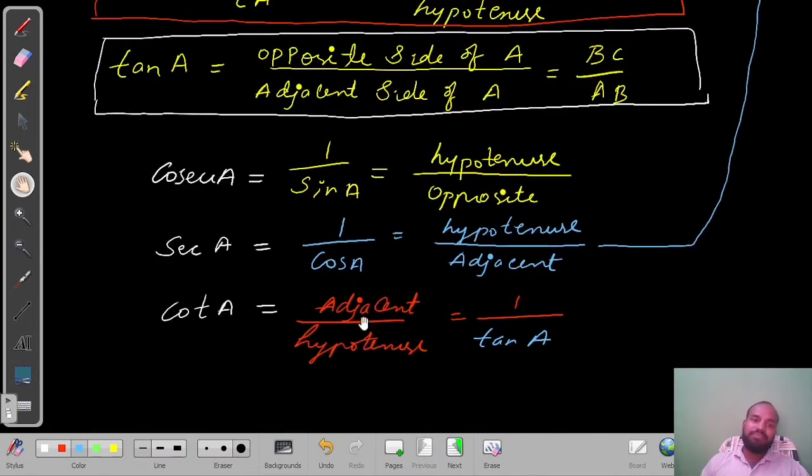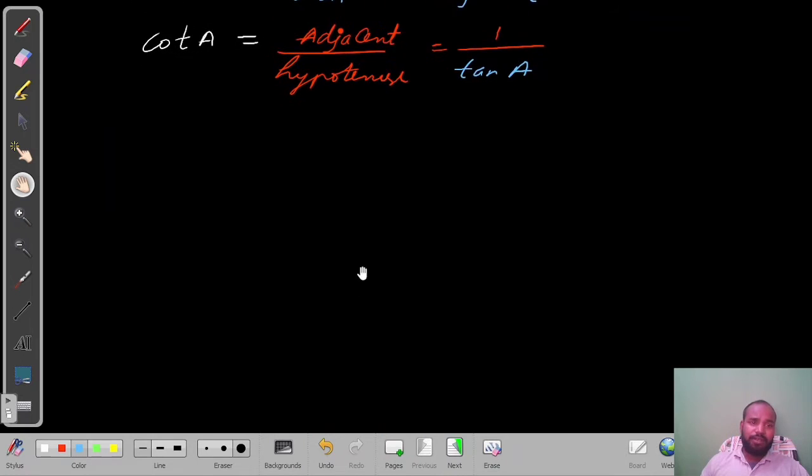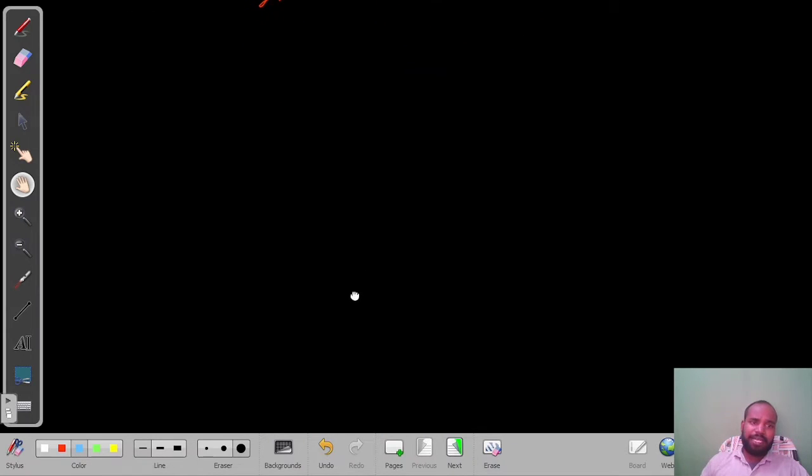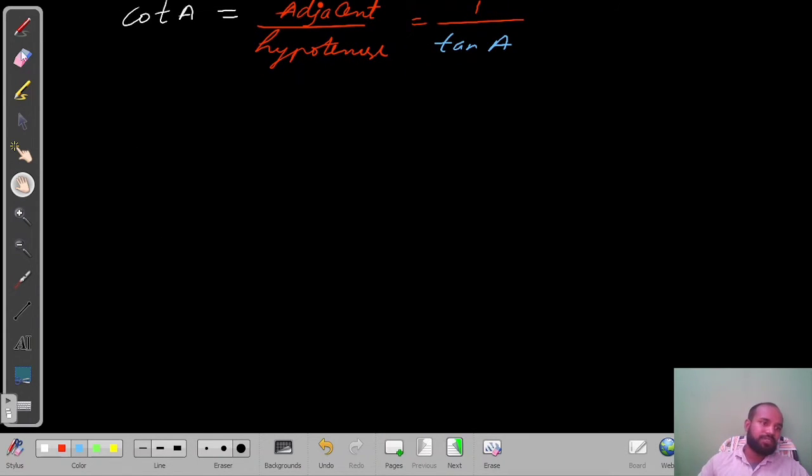Now let us find a simple example. I am taking a right angle triangle ABC. Okay, now this is theta.